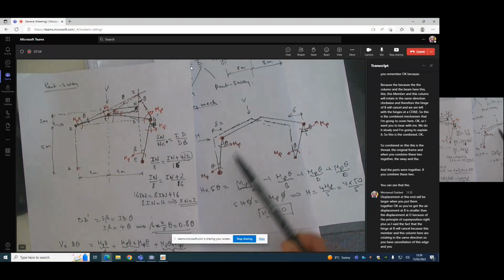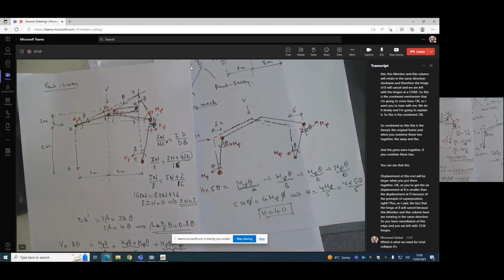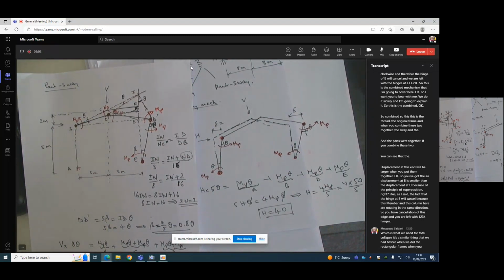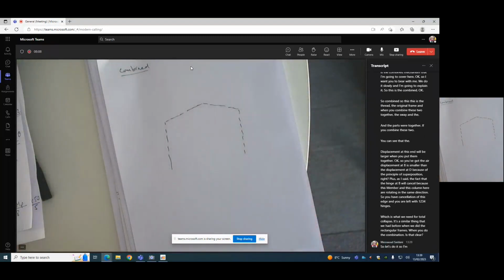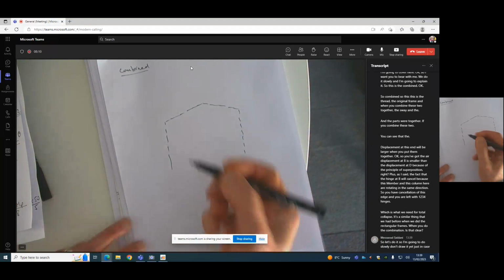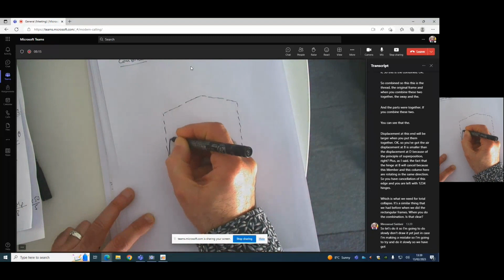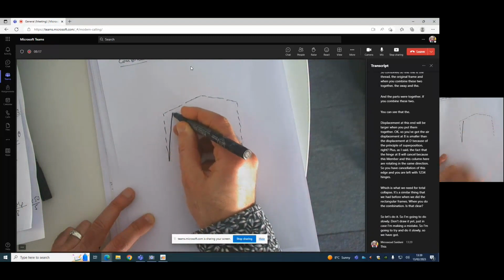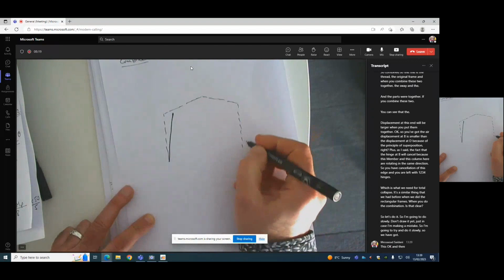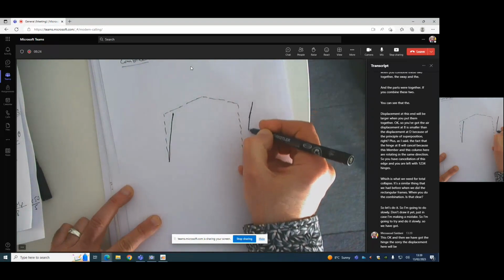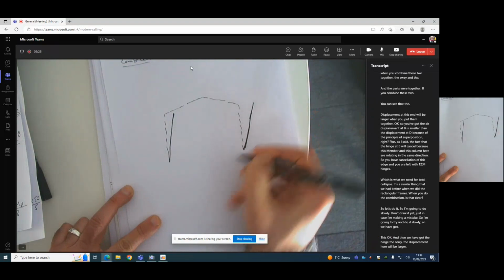And you are left with 1, 2, 3, 4 hinges, which is what we need for total collapse. It's a similar thing that we had before when we did rectangular frames, when you do the combination. Is that clear? So let's do it. I'm going to do it slowly. Don't draw it yet, just in case I make a mistake. So we have this, and then the displacement here will be larger, something like that.